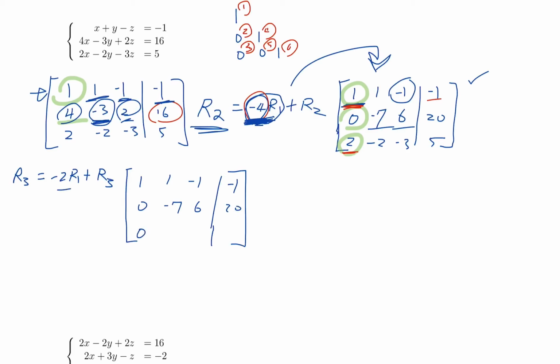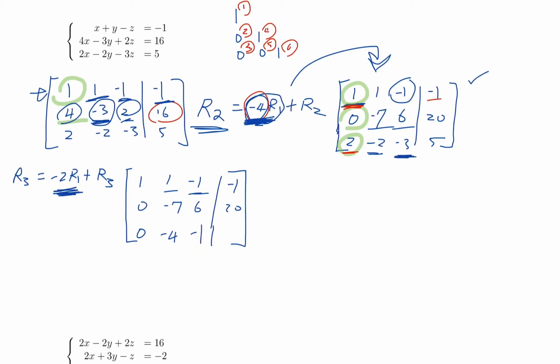And negative 2 times 1 gives me negative 2. Negative 2 minus 2 will be negative 4. Negative 2 times negative 1 gives me positive 2. Plus negative 3 gives me negative 1.